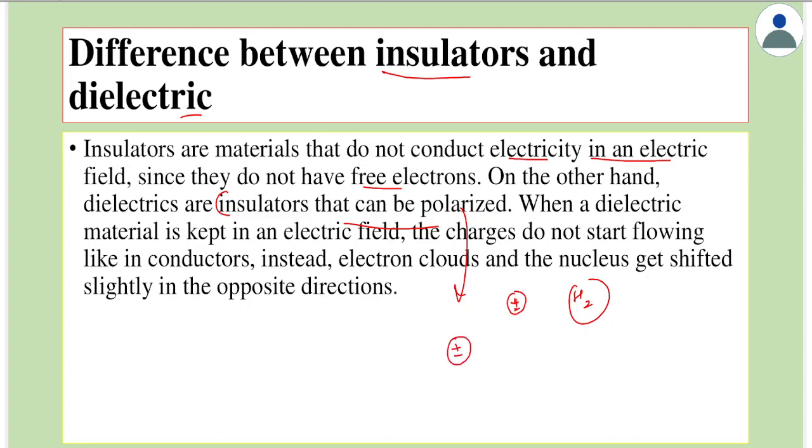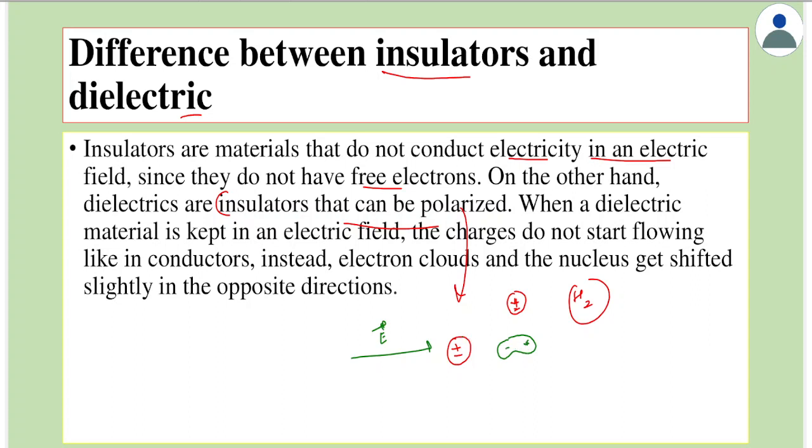Now, if we apply an external field, then, unlike insulators, the positive charge will start to move away, and the centers of positive and negative charge would be displaced. So the atom may take a shape where the center of positive charge has gone to one side and the negative charge to the other.